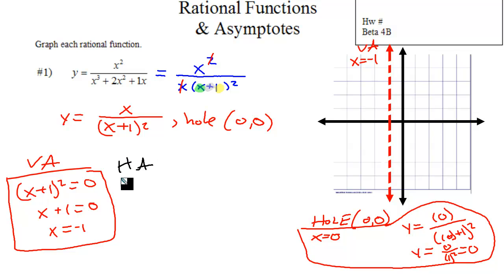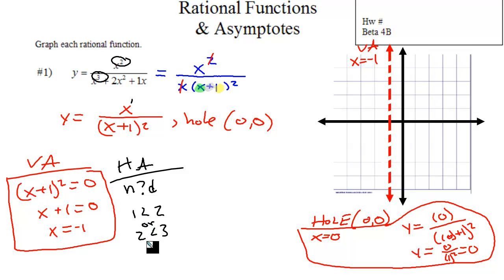Horizontal. How does n compare to d? N is 1 here. d is 2, because if you multiply this out, you're going to have an x squared. You could also look at the original, 2 and 3.